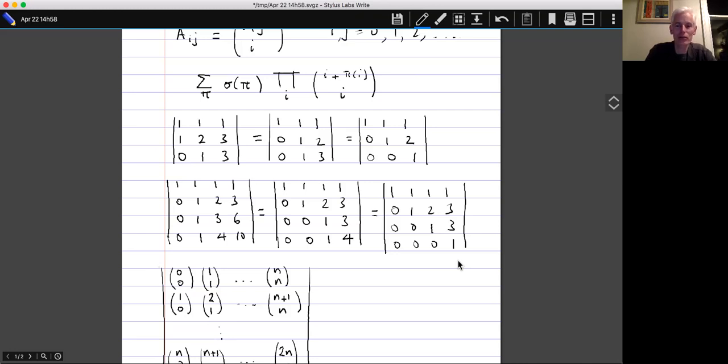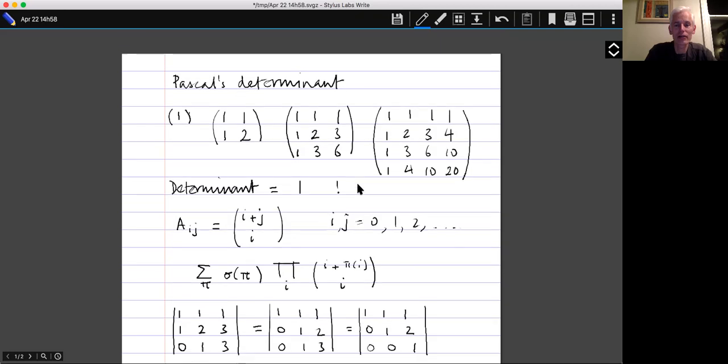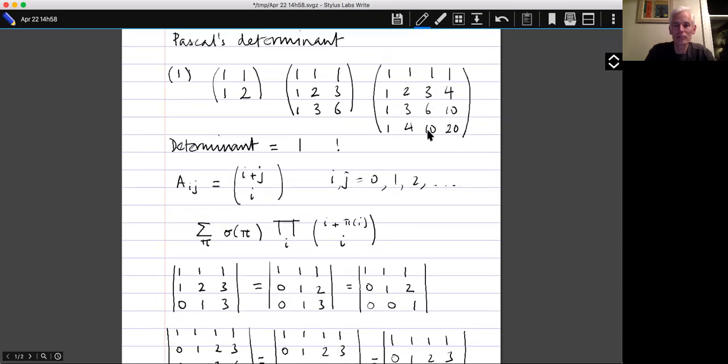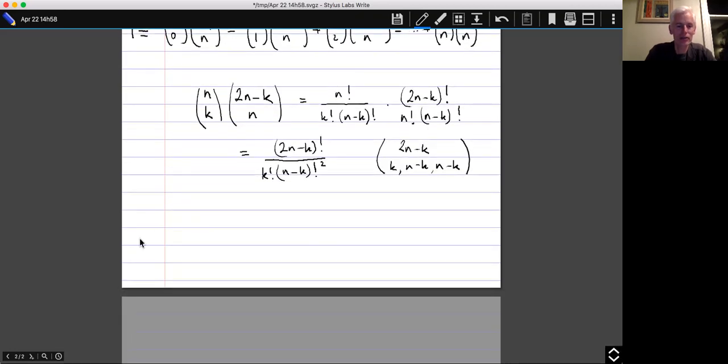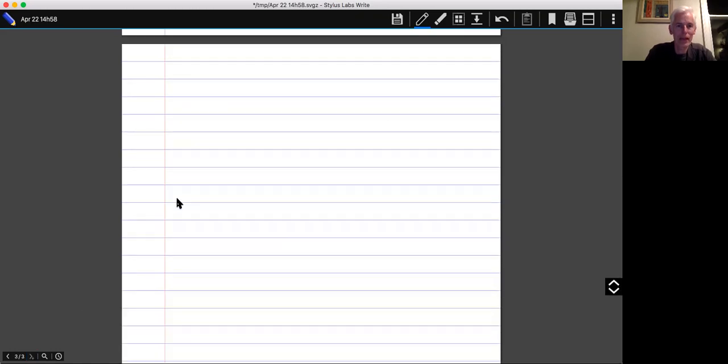Let's see what happens to a column. So if I pick, I might as well pick the nth column. So what does the nth column look like? Let's get a nice new page. The nth column is going to look like this: N choose 0, N choose 1, N choose 2.